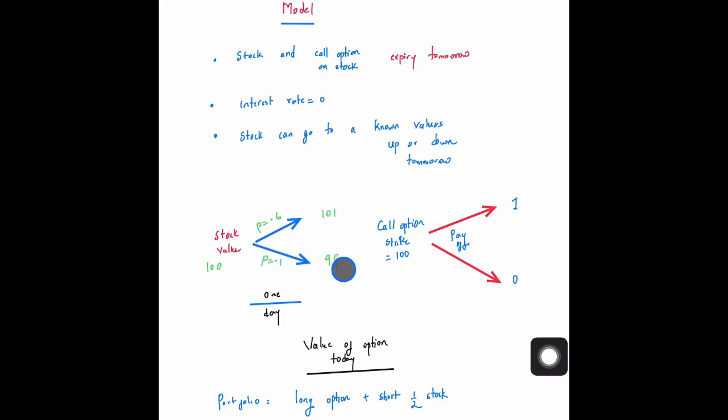The model also involves a call option. Let us say the call option on this stock has a strike price of 100. So the payoff tomorrow will just be 101 minus 100, which is 1, if it goes up, or 0 if it goes below the strike price.